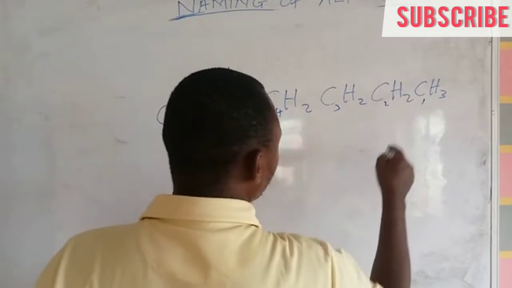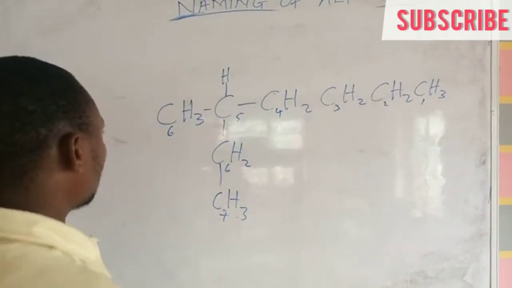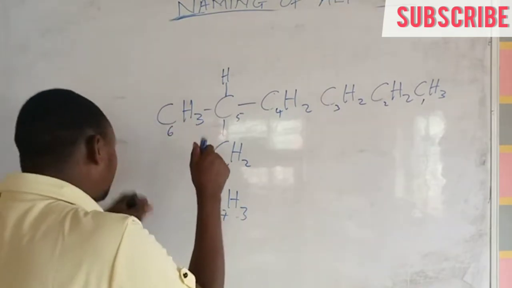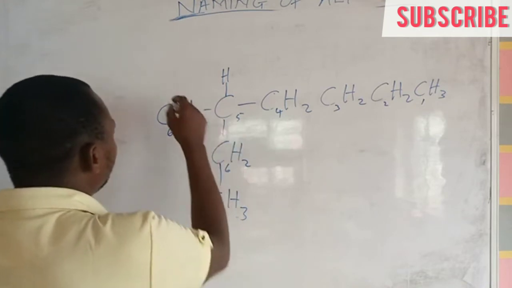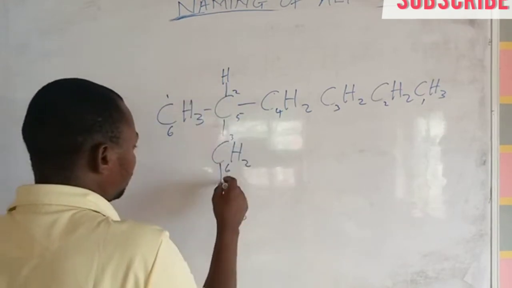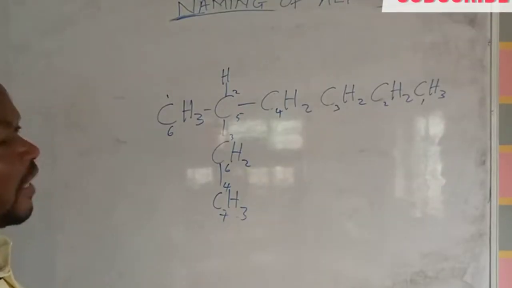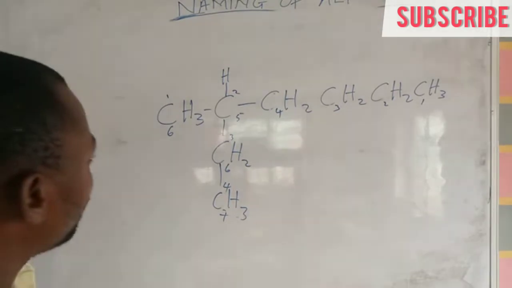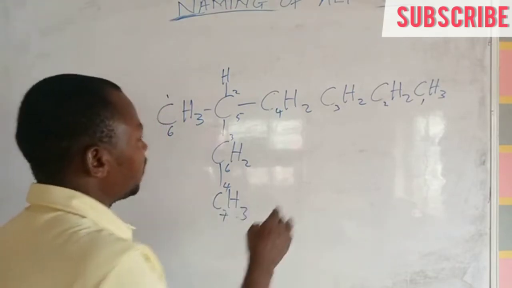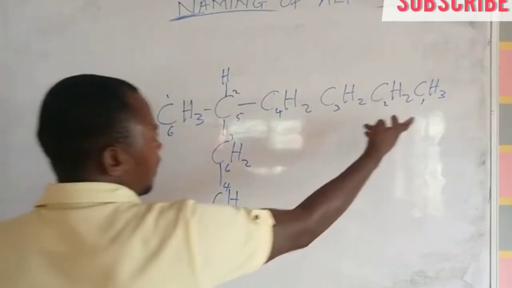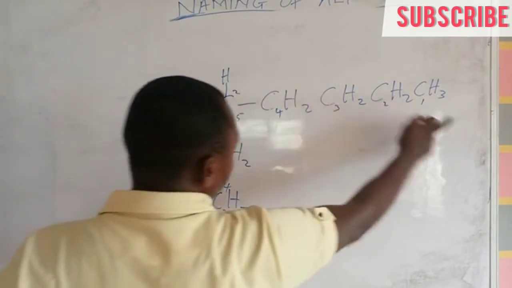So when we counted straight, we have 6. We can also count this way: 1, 2, 3, 4. So at the end, we check the one that is longest, then we take it as the parent name. Those are the three ways. We count straight, we count it to come this way, we also take it back this way.